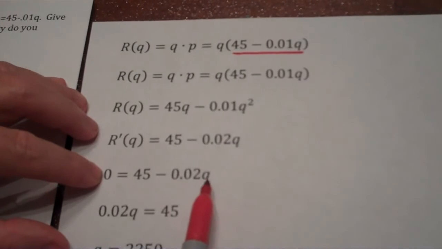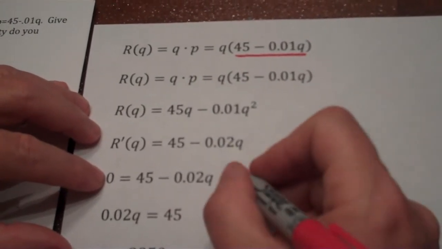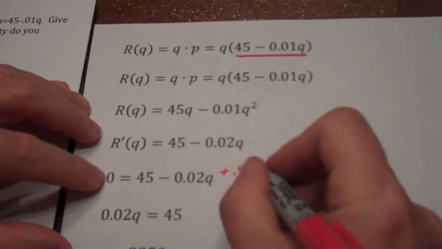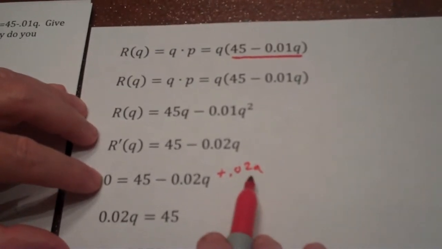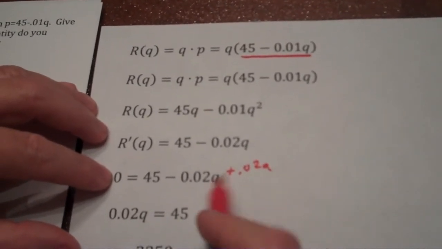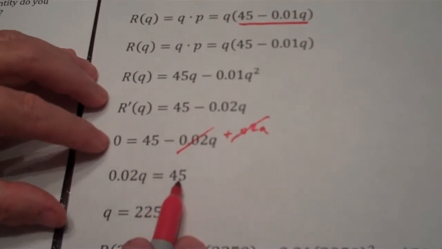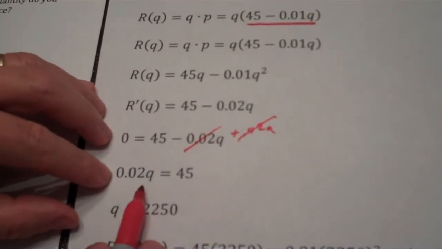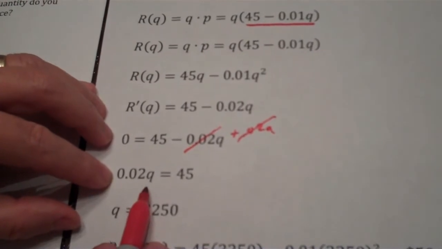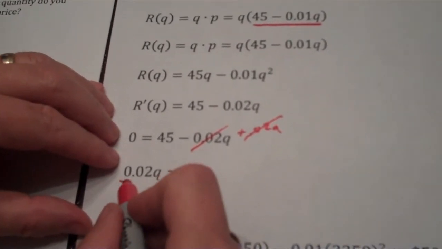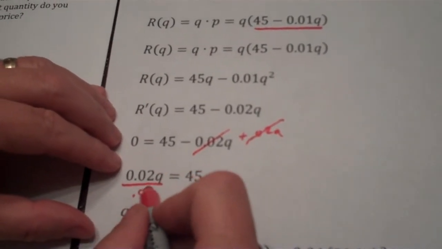In this case, I'm trying to solve for Q, but what I actually did first was add 0.02 Q to both sides of the equation. On the right, that just cancels out and leaves me with the 45, and 0 plus 0.02 Q, of course, is just 0.02 Q. So now basically what I did was divide by 2/100ths.